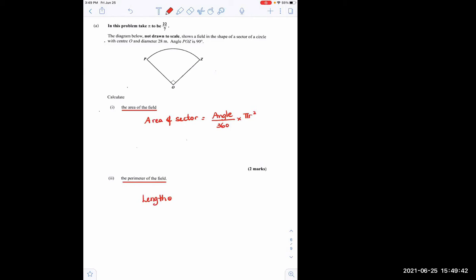So the length of the arc is the angle over 360 multiplied by 2 pi r. And the perimeter would be the length of the arc, L, plus the radius, plus the radius. They gave us the diameter as 28, so the radius is half of 28. The radius is 14. So take it out and work it out.